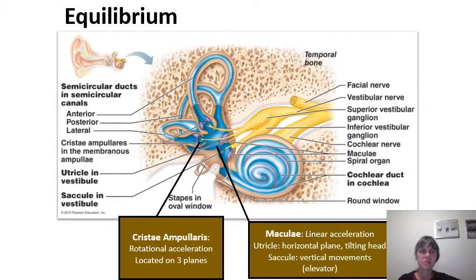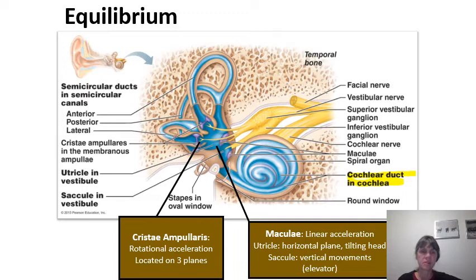This takes us to equilibrium. We know that hearing occurs in the cochlea. I don't know if I remember telling you this, but the cochlea is about the size of a split pea. That's how tiny this is.